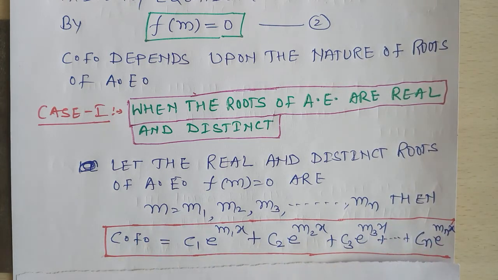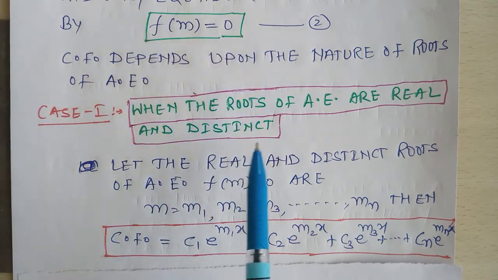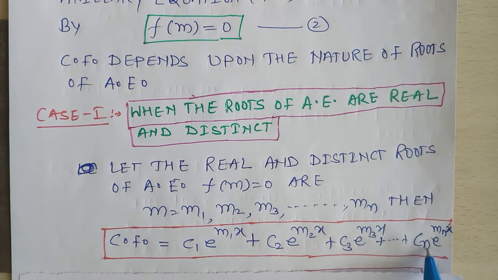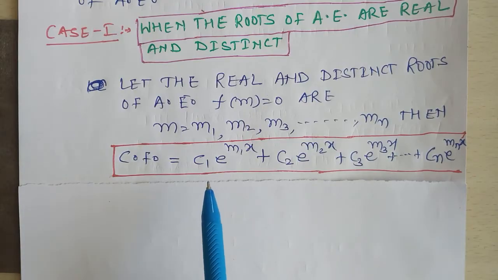So this is how we write the complementary function of the given LDCC when the roots of the auxiliary equation are real and distinct: all roots real, not containing iota, and all different with no repeated roots. Here C1, C2, C3 are arbitrary constants.